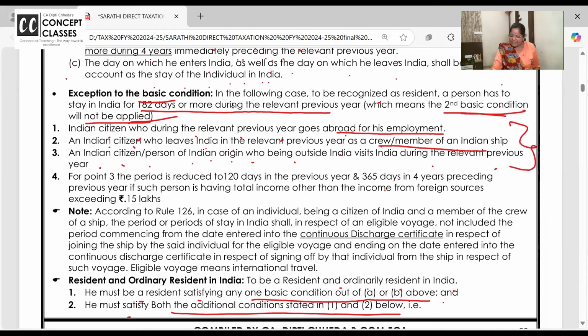So for all these three, make an arrow mark like this in your book and write: second basic condition NA, not applicable. Put a bracket like this and write down second basic condition not applicable.